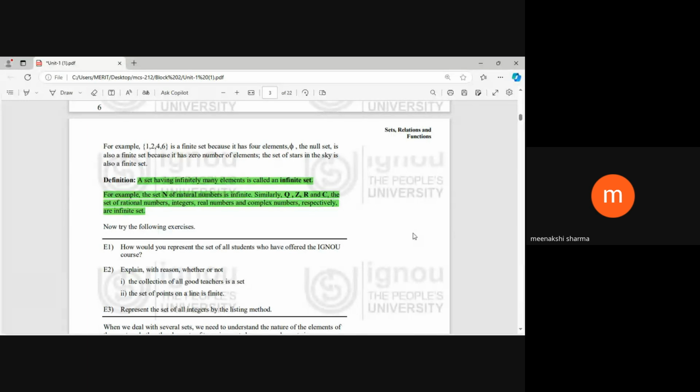These all are infinite sets. Null set is also called a finite set. There are two types of sets: finite set and infinite set. All students, is the concept clear?